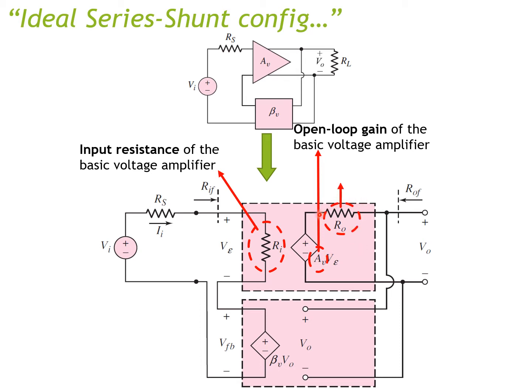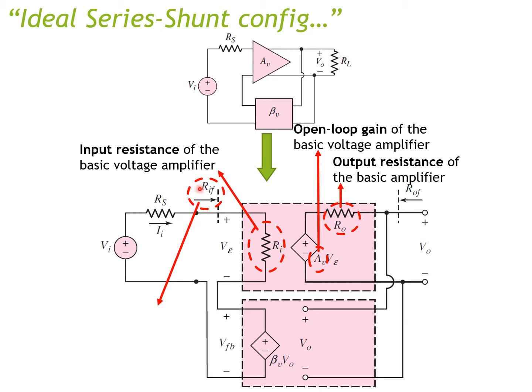Ro is the output resistance of the basic amplifier. This is the reason why in most of the BJT amplifier practice that we do, we try to figure out the input resistance and the output resistance, because later on when you build a feedback, you actually need these values for your calculation.